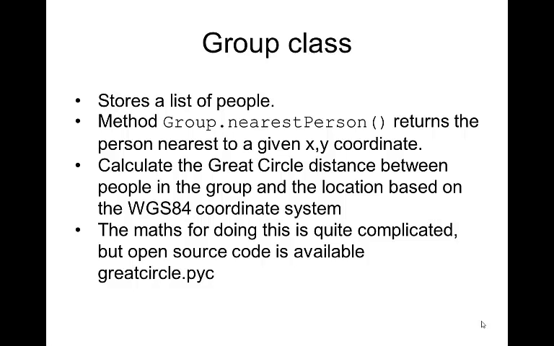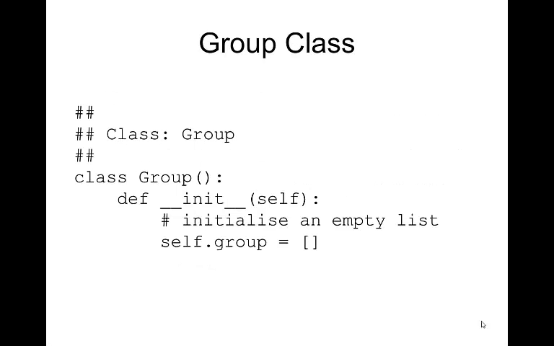The maths for doing this is pretty complicated, but luckily there are lots of open source code libraries available that allow us to do these kinds of things. As I say, in the example I think I've just done it on a planar coordinate system for simplicity. So here's our class group. Define my group, define my init method.